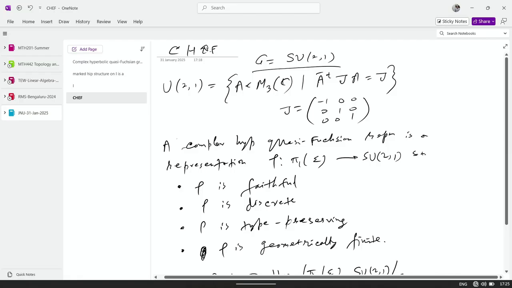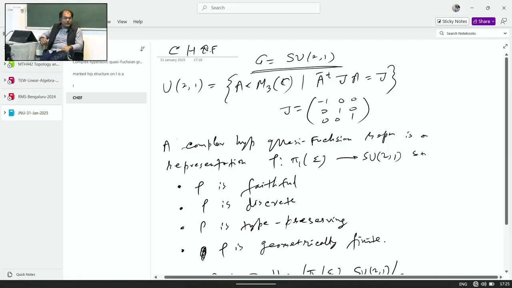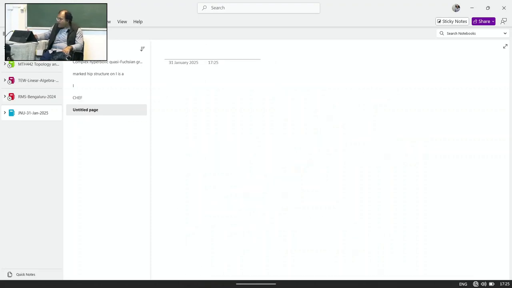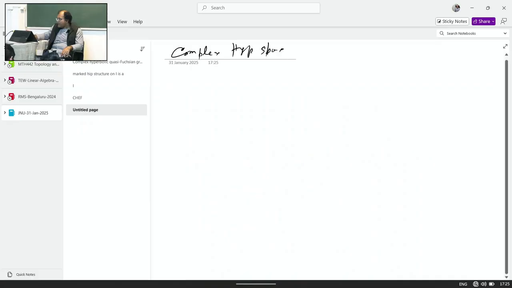But nevertheless, since we are discussing this space, I have not told you what SU(2,1) is and how it is related to hyperbolic geometry. So let me quickly recall what a complex hyperbolic space is. You have seen the hyperbolic plane, right?